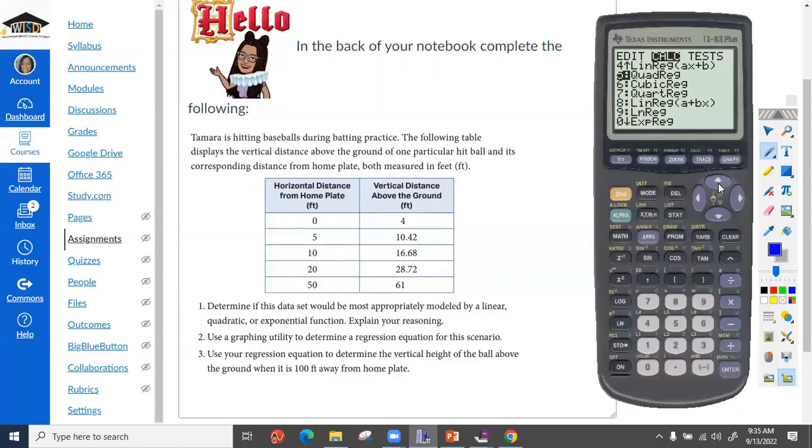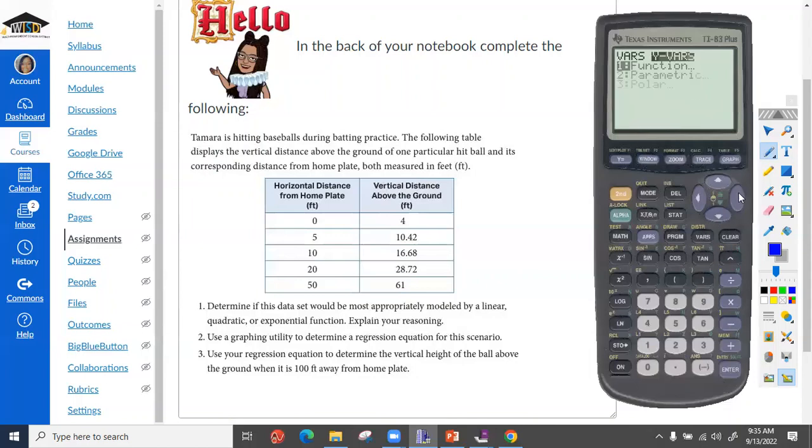So we voted that this was linear. So I'm going to press 4. Now, if I want the calculator to graph it for me, on yours, you would go down to where it says Store equation, StoreRegEQ, something like that.